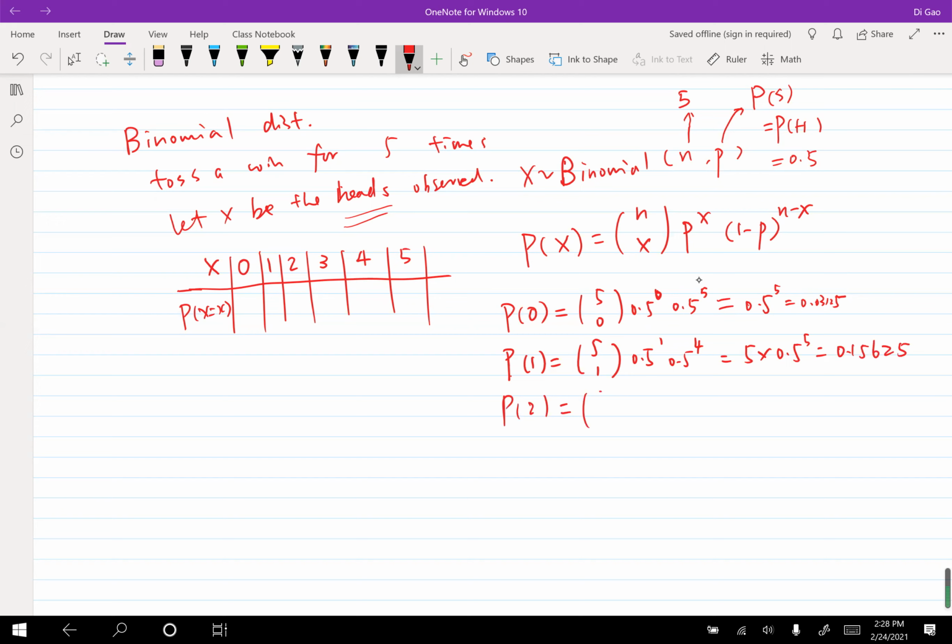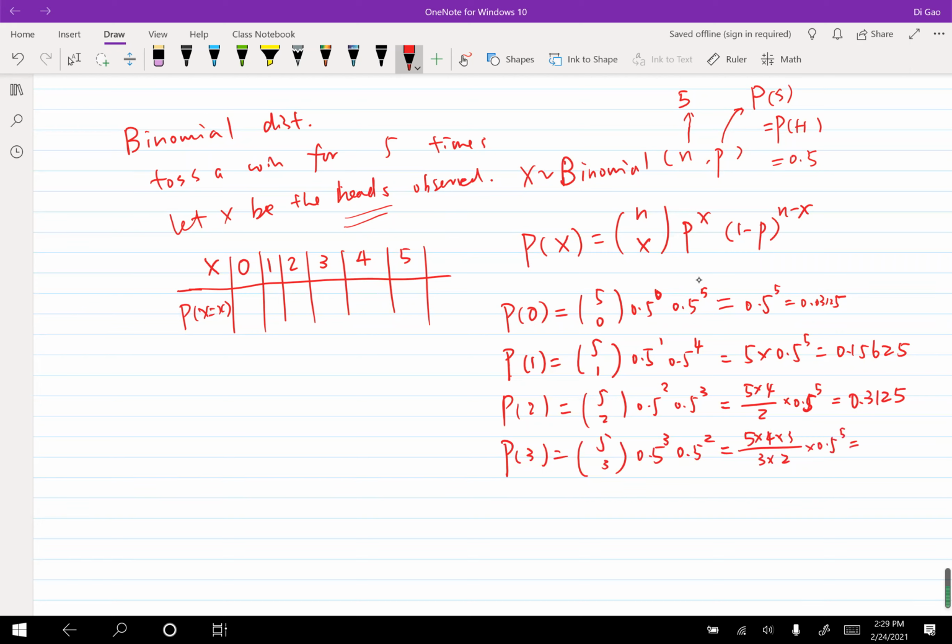For x equals 2, 5 choose 2 times 0.5 to the power of 2, times 0.5 to the power of 5 minus 2, which is 3. 5 choose 2 is 5 times 4 divided by 2 factorial, which is 10, times 0.5 to the fifth power, so 0.3125. For x equals 3, 5 choose 3 times 0.5 to the third power, times 0.5 to the 5 minus 3, which is 2. 5 choose 3 is the same as 5 choose 2, so it's still 10, and with the same 0.5 to the fifth power, we get the same number.